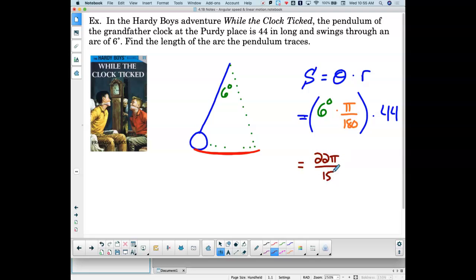And that's in inches, correct? Yeah. In inexact form, what is 22 pi divided by 15? 4.608.